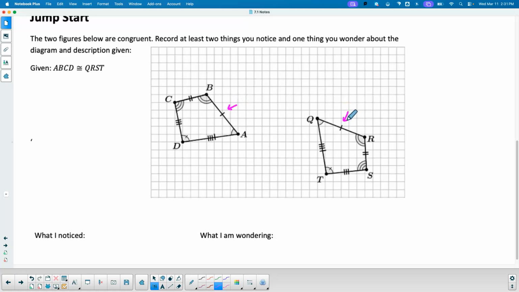If I put one slash through a side length on 2 separate figures, I am saying to somebody else that's seeing this, those 2 sides are equal in length, they're congruent in geometry. So I'm saying that side AB is congruent to side QR.